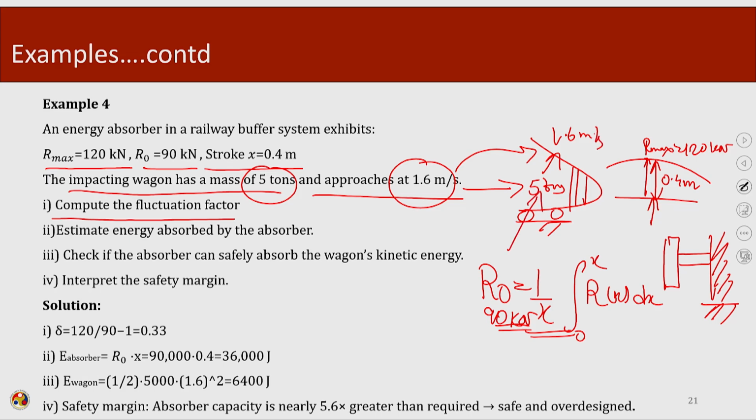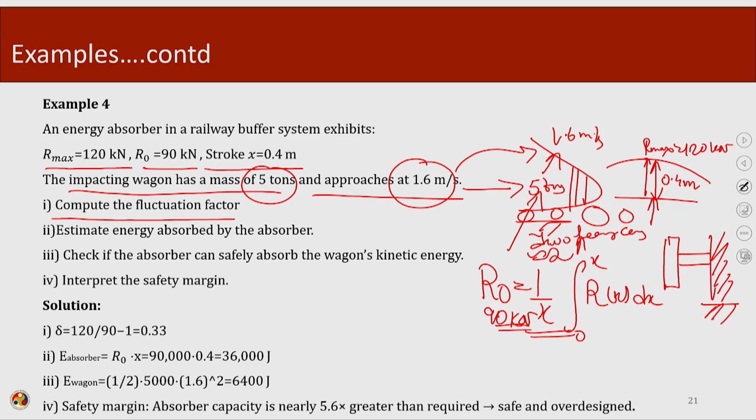To give a perspective, the 5 tons can be taken as two heavy cars. Each car normally weighs approximately 2 tons. So, keeping on the higher side, this impacting wagon has an equivalent mass of 2 impacting cars.